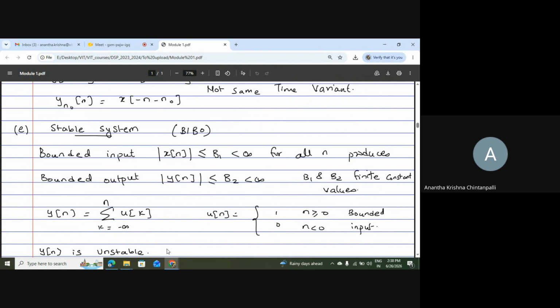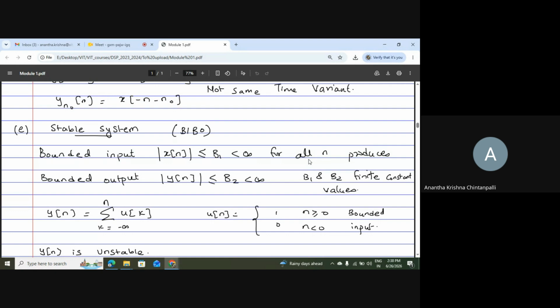Bounded input means that the magnitude of x of n should be less than or equal to some value b1, which is less than infinity, for all values of n, and it produces a bounded output, which is the magnitude of y of n less than or equal to b2, which is less than infinity. So remember that b1 and b2 are some finite constant values. The important aspect here is that a bounded input should produce a bounded output for all values of n.